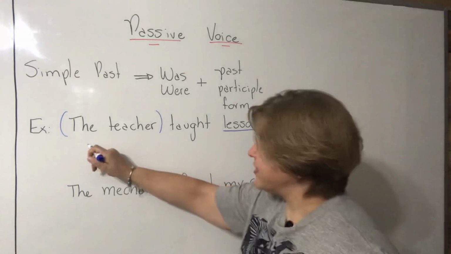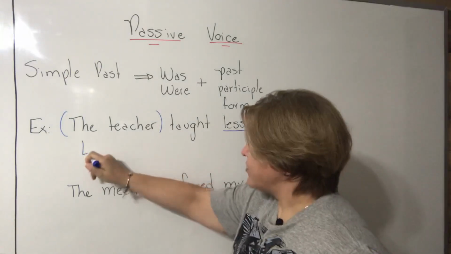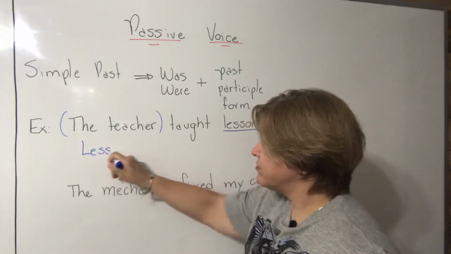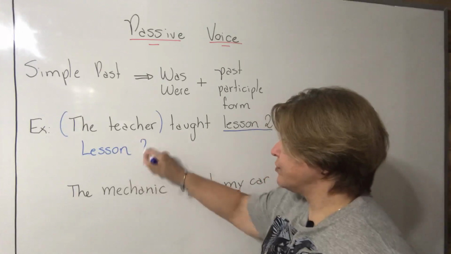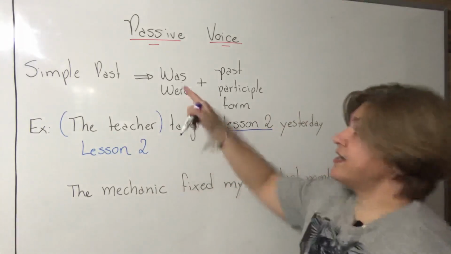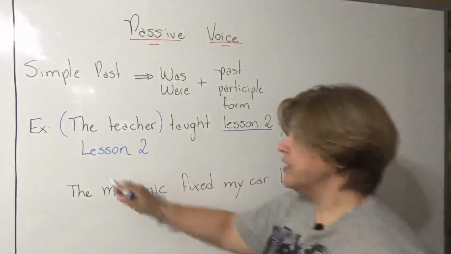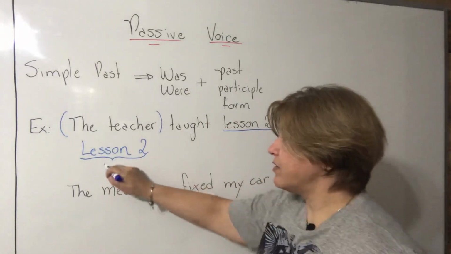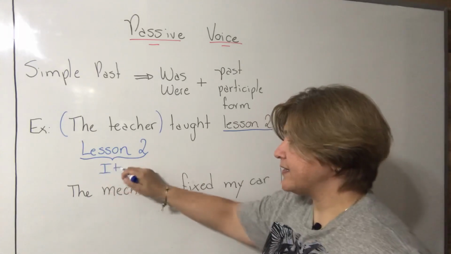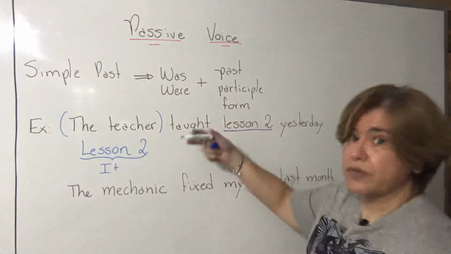I'm going to write here lesson 2. Remember what I said? Was or were. Lesson 2 is the same of the person it. Was or were? Was.